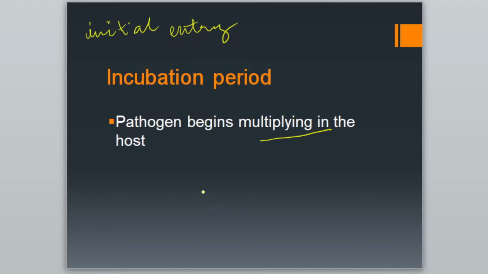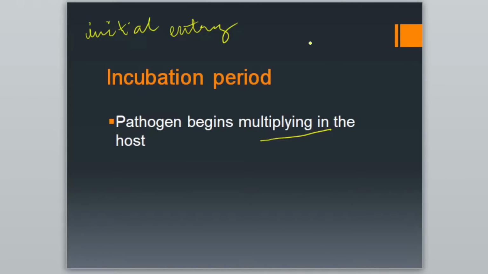The factors which are involved in determining the length of the incubation period are diverse. This can include the strength of the pathogen, how powerful the pathogen that has entered is, the strength of the host immune defenses, meaning the strength of your immune system, the site of infection, where it has entered, the type of infection, and the size of the infectious dose received.